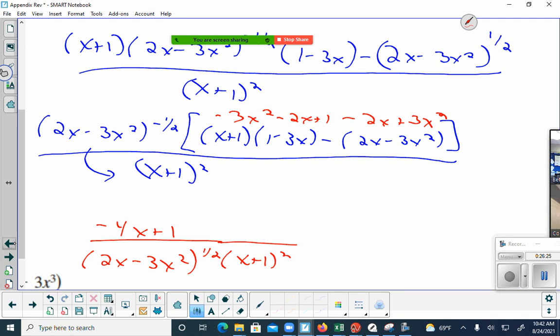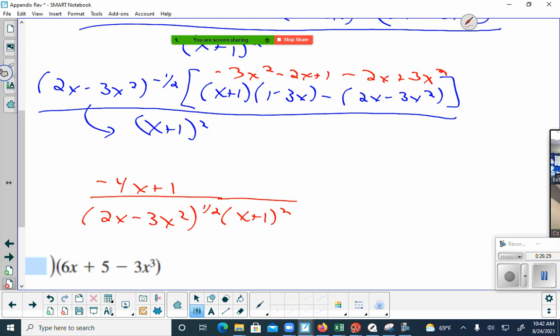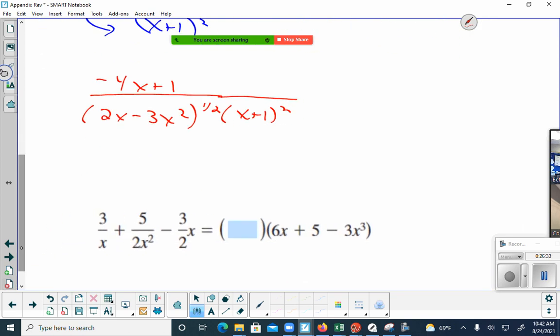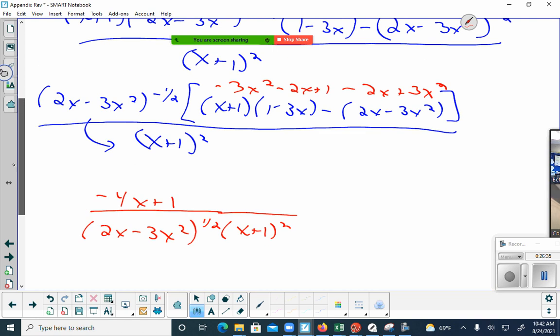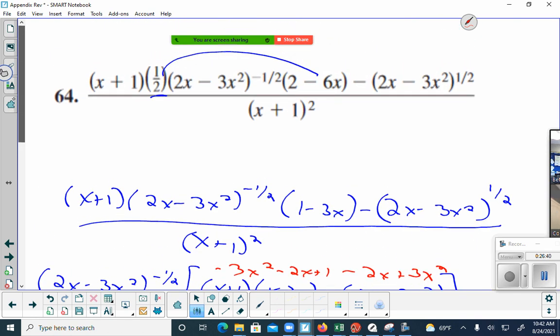Good? Okay. It's a good question, because right now you have two terms. You have this first term and the second term, so you can't factor out for this term.